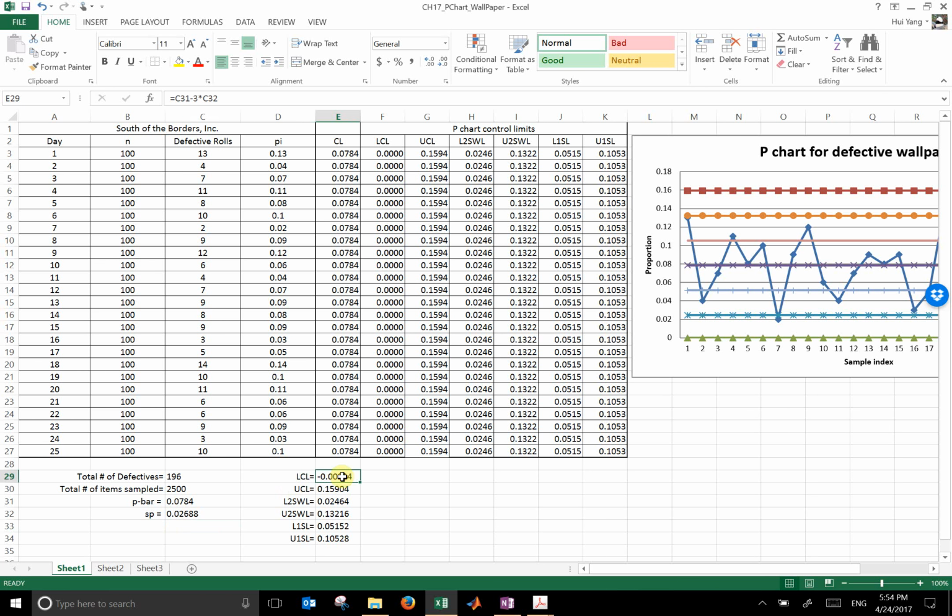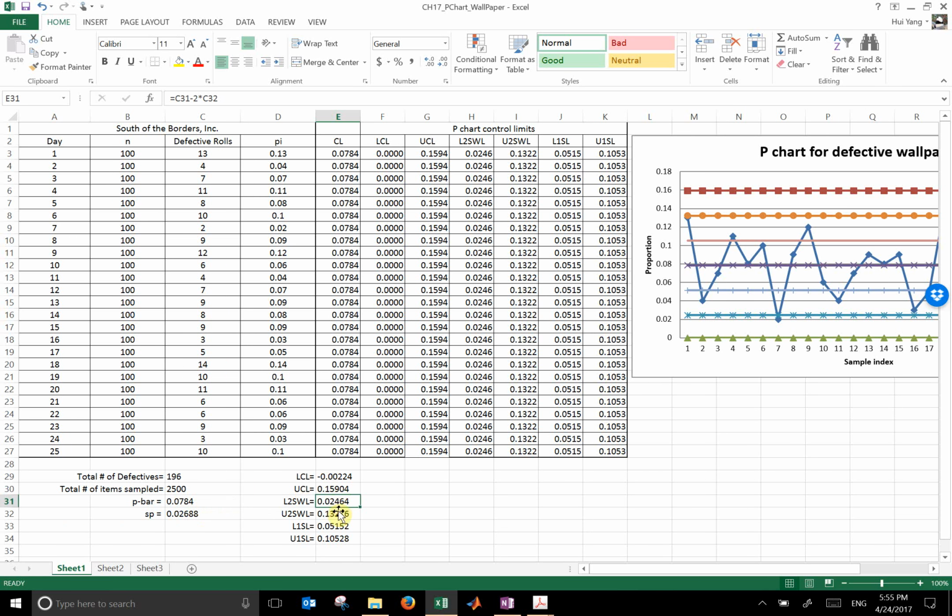So the lower control limit will be this center line P bar minus 3 standard deviations. The upper control limit will be this one plus 3 standard deviations.